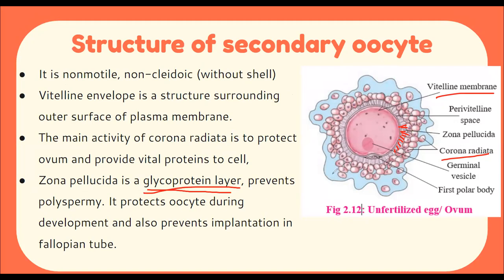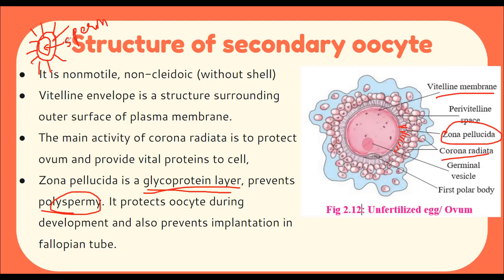This zona pellucida layer prevents polyspermy. What we understand by polyspermy is that the egg is attacked by multiple sperm. Zona pellucida will make sure that only one sperm is entering inside the egg. The rest of them are then blocked.